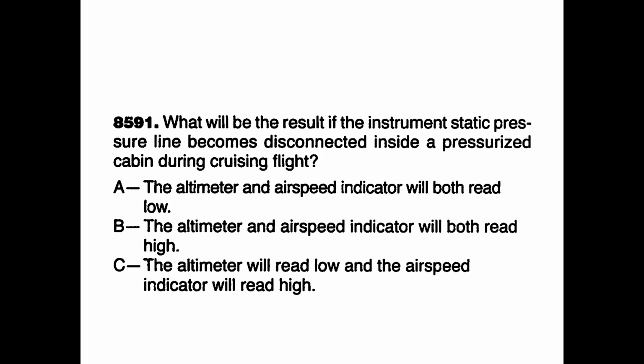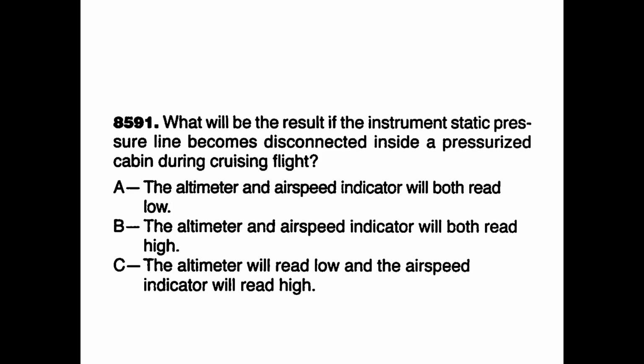Well, the airspeed indicator is measuring the differential between the pressure that's building up in the pitot tube and the pressure that's on the side of the aircraft. So there's not going to be as high a differential if the cabin is at a higher pressure than actual, so the differential is going to be smaller between the two.